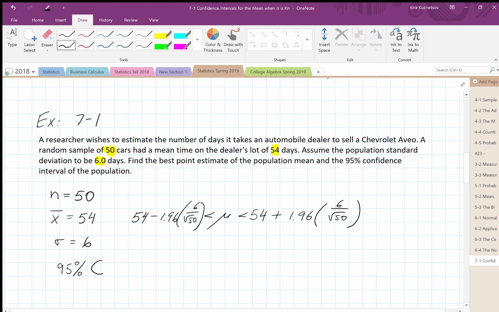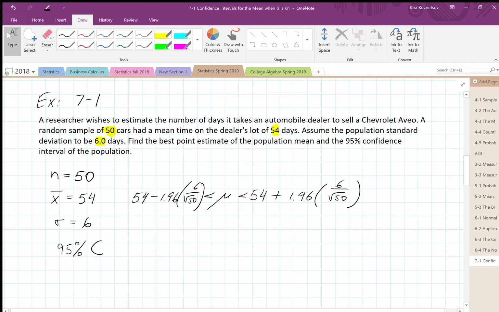You can go ahead and plug this into your calculator. What we're doing is, given some information about the sample, we're predicting the population parameter, the mu in this case. I'm going to stop the video at this point because I want to switch over to a calculator.